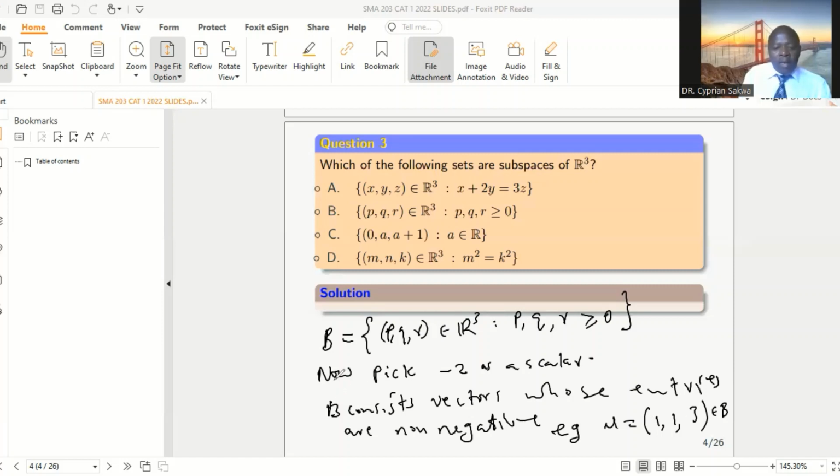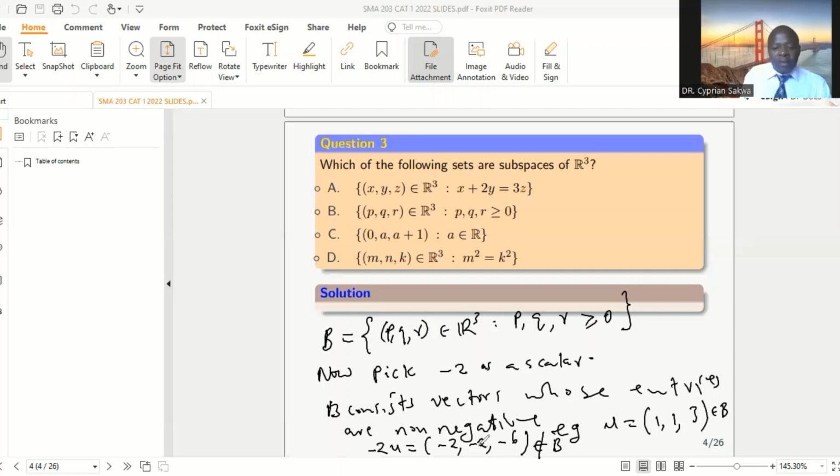So I've now picked a negative scalar, and I want to get negative 2U. I want to see what I get. Negative 2U will be negative 2, negative 2, negative 6. And you can see that this is not in B, because the entries are negative.